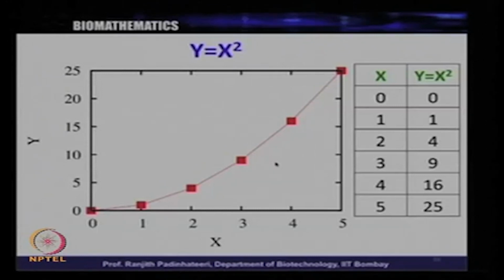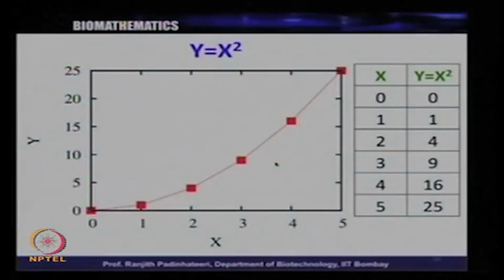We will compare y equal to x and y equal to x square soon, but you can clearly see this curvature, and for every value of x you have a y value. So, x equal to 1 gives 1, 2 gives 4 and 3 gives 9 and so on. You can see from the graph that y equal to x square is curved, it is not a straight line.